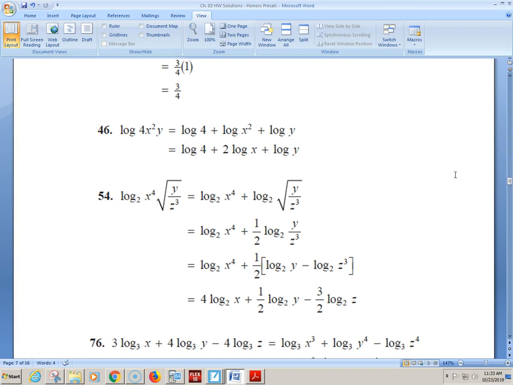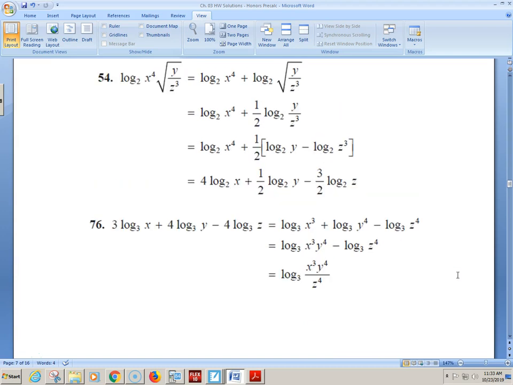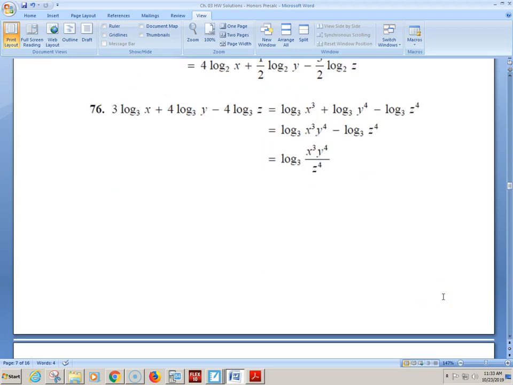Little baby puzzles, using a lot of old math. 76, that one you're putting together. You had a product, you had a quotient, you had lots of little guys raised to lots of little powers. Anything else?